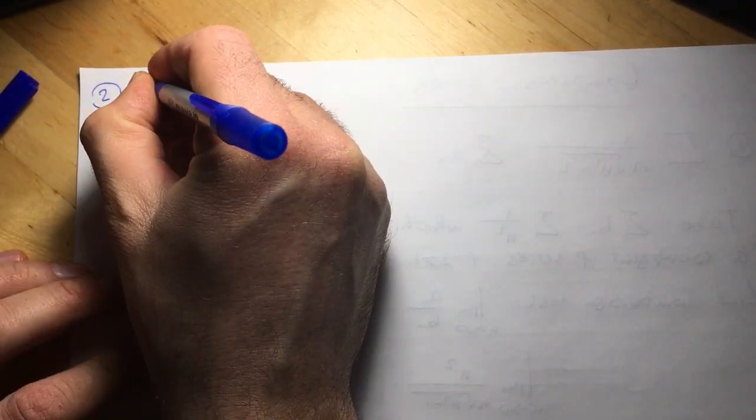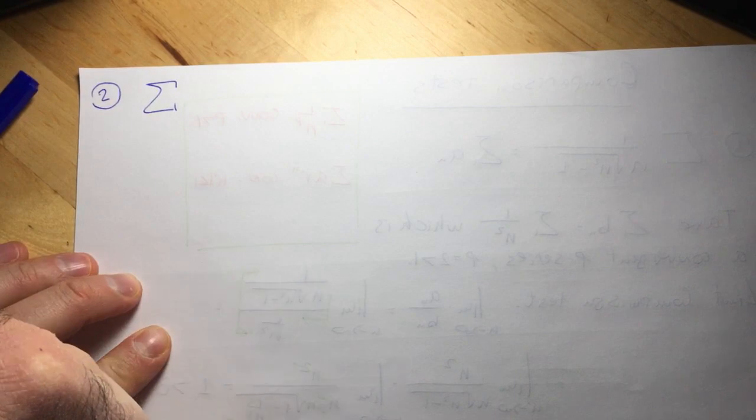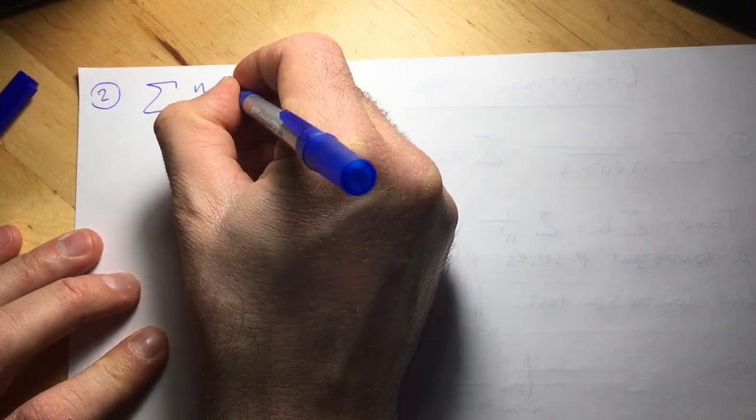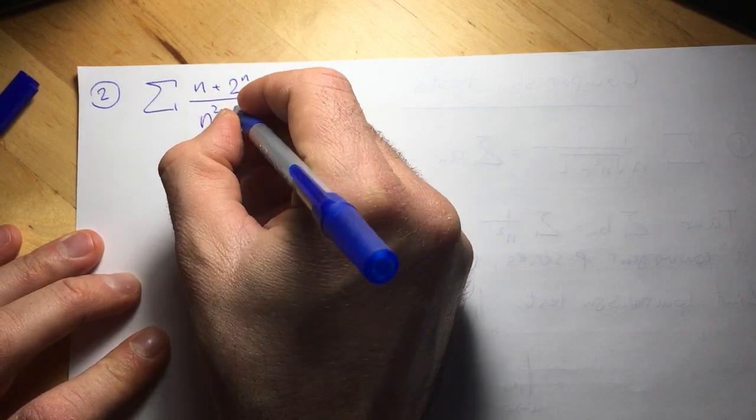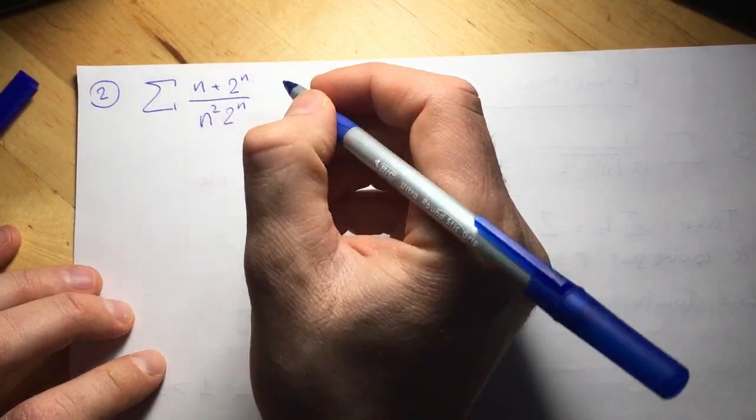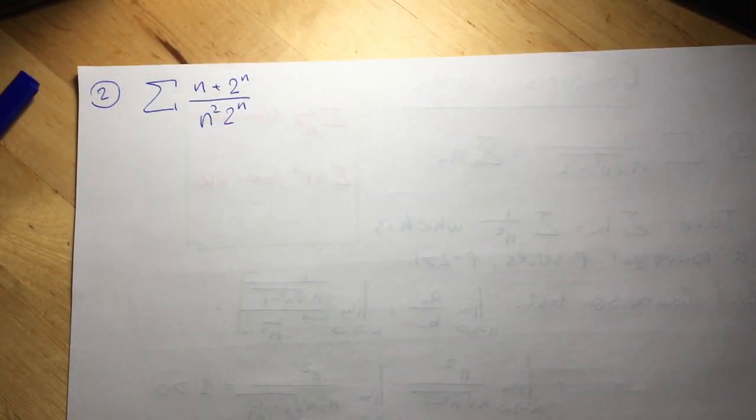So let's do the second example. The question is always the same: determine whether the series with terms n plus 2 to the power n over n squared times 2 to the power of n is convergent or divergent. We can solve this in two different ways.